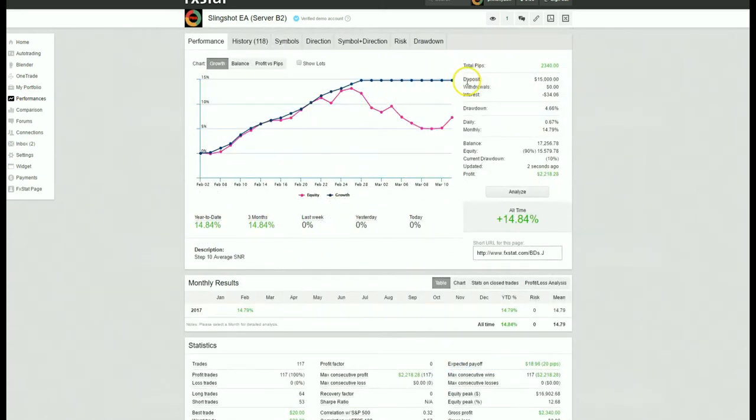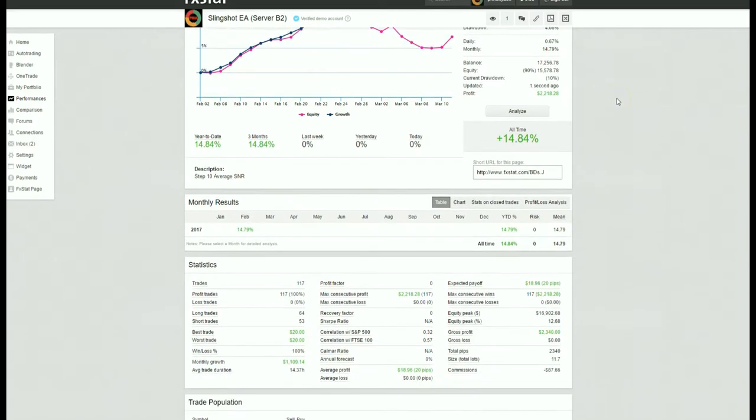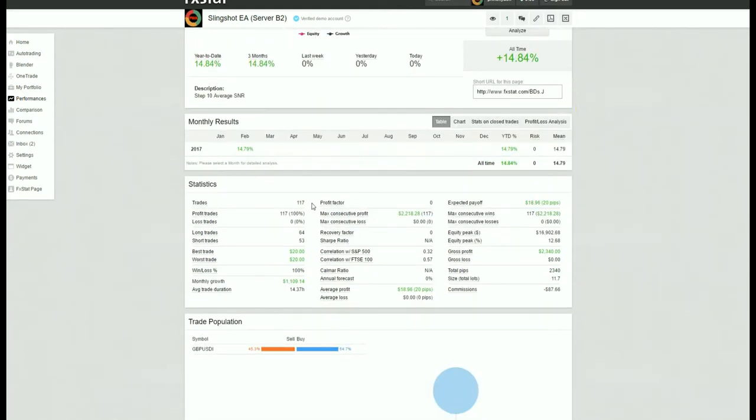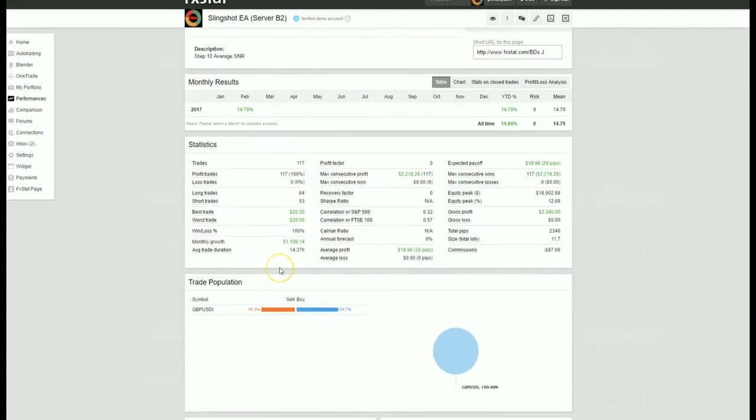Here is B2, 2,340, and this is going to be right around 14%. And this is a step 10 average SNR, so it's a little bit higher lot size, but the control is pretty much near the same. So 10% drawdown, 117 trades, still maintaining its 100% win ratio.